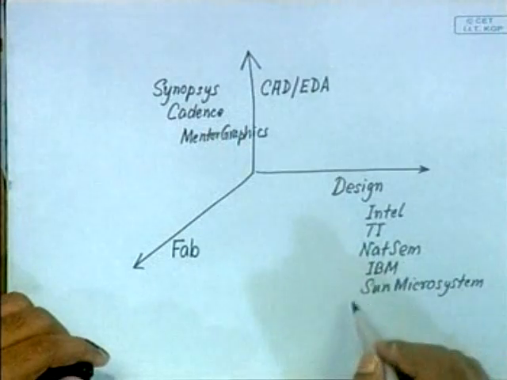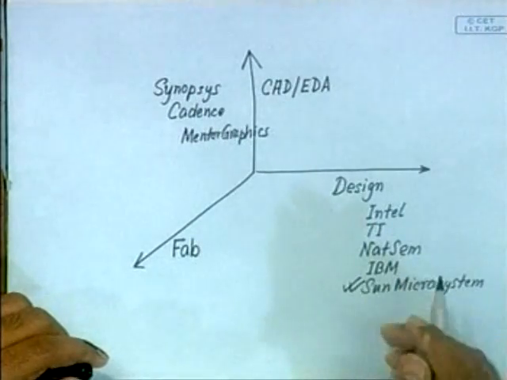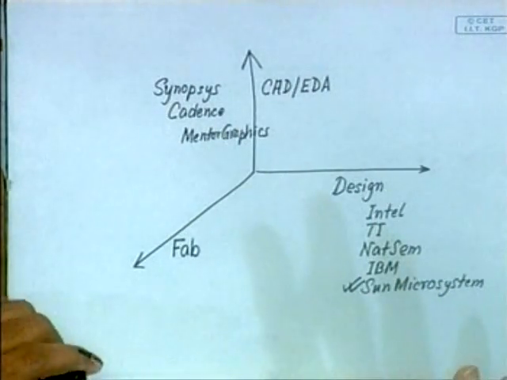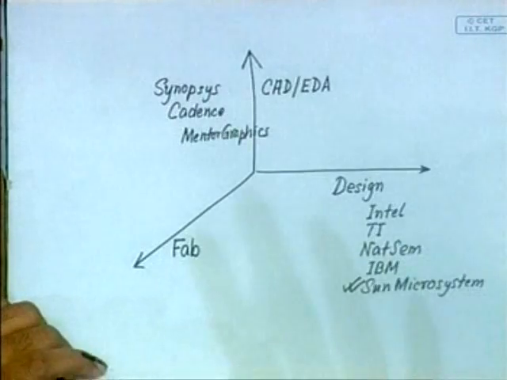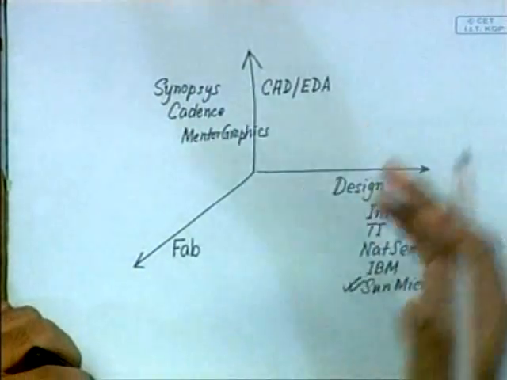Transistors are becoming smaller and smaller, so it's becoming such a sophisticated technology that the fab companies have become entities on their own. And there are many leading design companies like Sun Microsystems who don't have any fab of their own. They just do the design and get them fabbed out from professional fabs.